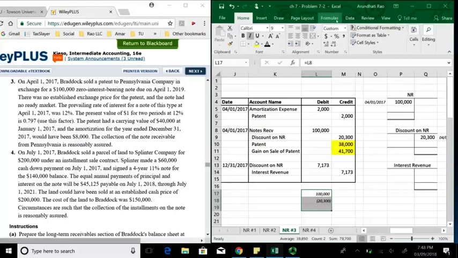So when I add these two numbers, I get 79,700.